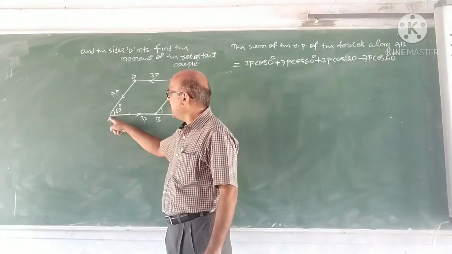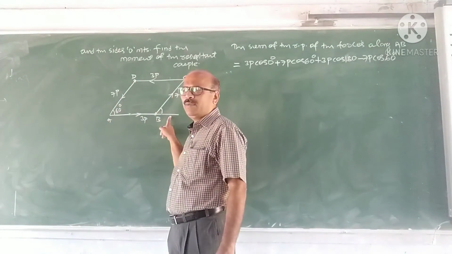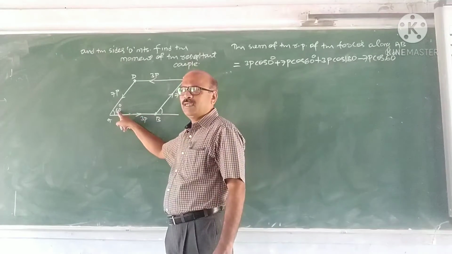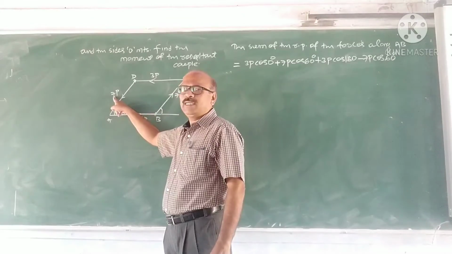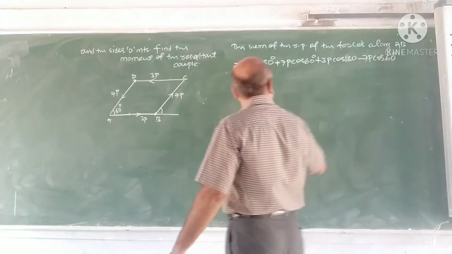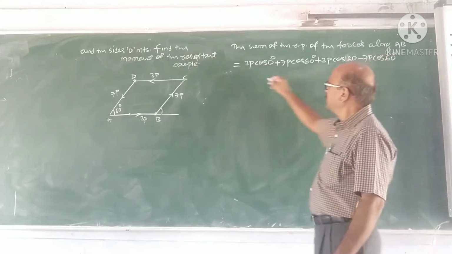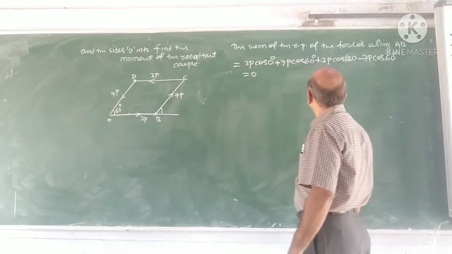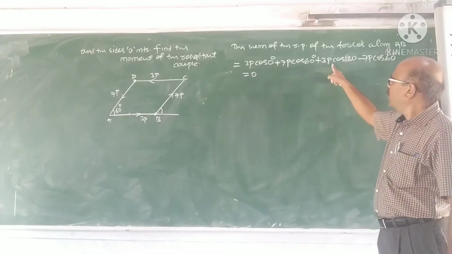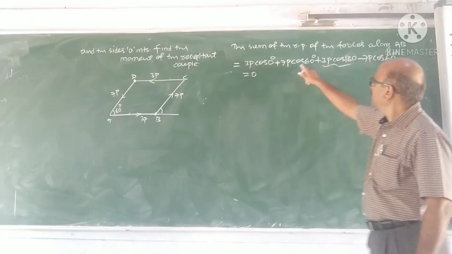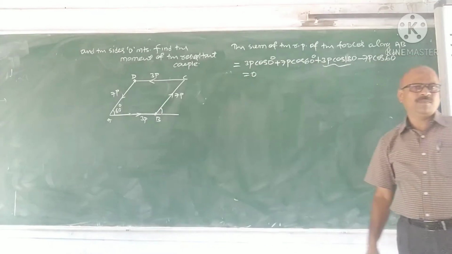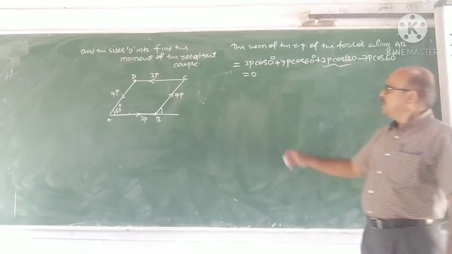We know this angle made by AD along AB. What is that? 60 degrees. But the force acting along AD is minus 7P, so minus 7P cos 60. Is it 0? 0 it is, because cos 180 is minus 1, cos 0 is plus 1, 7P minus 1. It is 0.